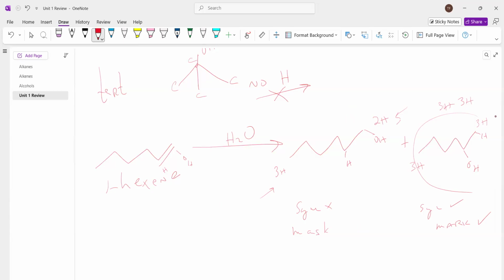Where would we count the terminal hydrogens? How do you count them? Terminal means the end. So you count those at the end here. Now, if there was, say, a methyl group there, you count those too.